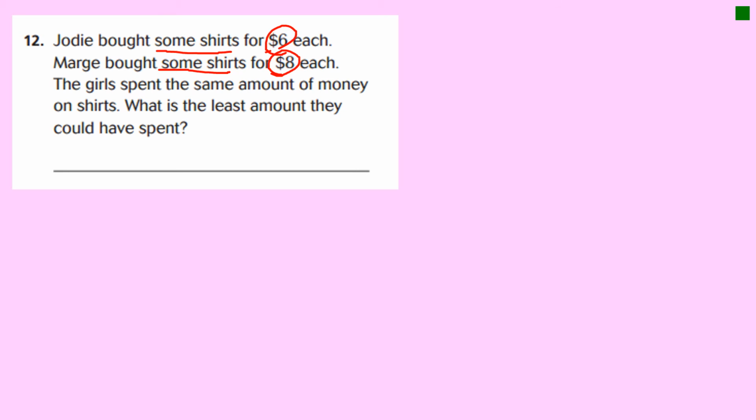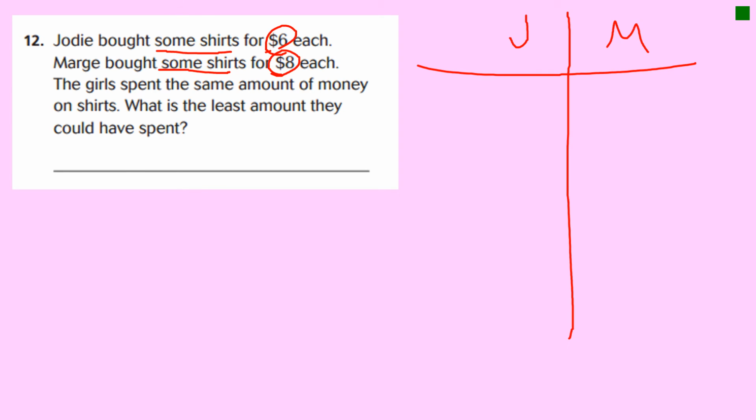Aha. So let's think. There's Jody and Marge. Sometimes I like to organize my thinking this way. And here are their shirts. Okay, so if Jody buys one shirt, she spends $6, right?